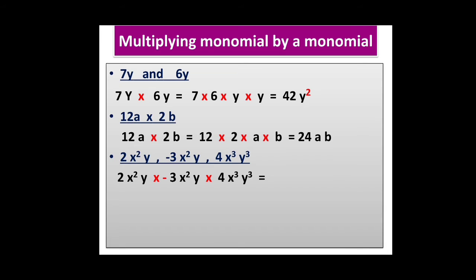First we have to write all the numbers and then the variables. So let's write the numbers: 2 into 3, and 3 has the symbol minus, so minus 3 into 4, then x square y into x square y into x square y cube. So we have to get all the variables also.